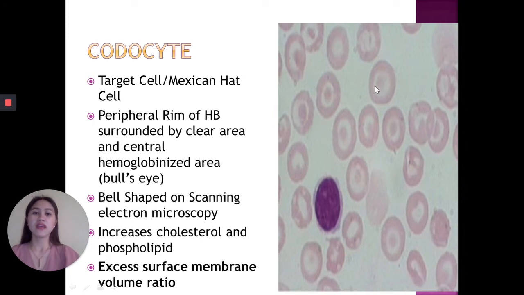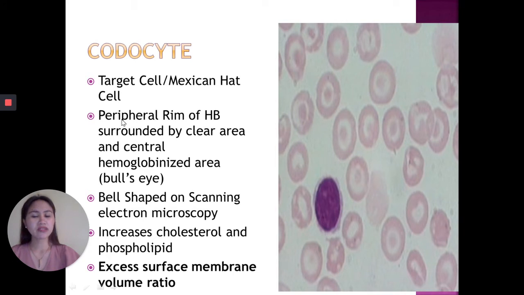And did you see the red one flashing in the cell a while ago? That means, of course, you're targeting it. So target cell, so that you can have an idea of the other names of this particular poikilocyte. Again, caudocyte can be called target cell and Mexican hat cell.